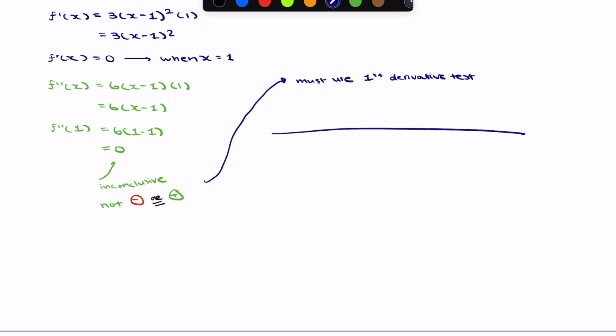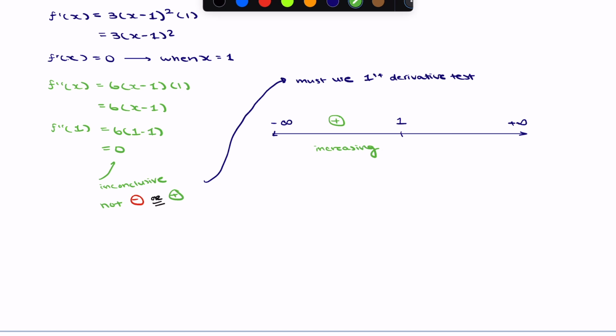So here we'll draw our number line, negative infinity to positive infinity, and at 1. So for a value that's less than 1, so 0, if we sub that into f prime of x, that'll give us a positive value, which means that it's increasing.